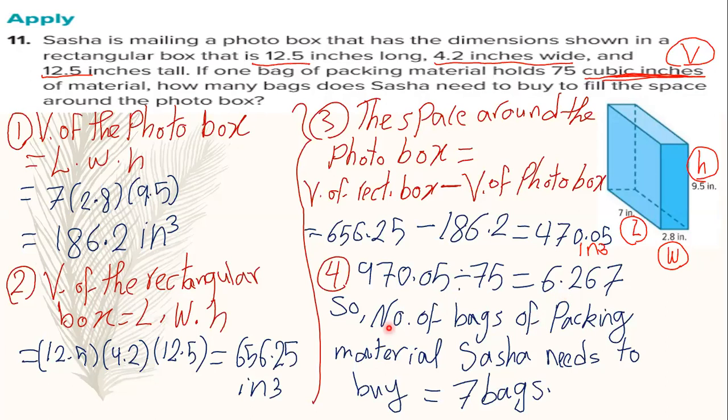So Sasha will get a whole number of bags, the one just greater than 6. So the number of bags of packing material Sasha needs to buy is 7 bags to fill the space around the photo box inside the rectangular box.